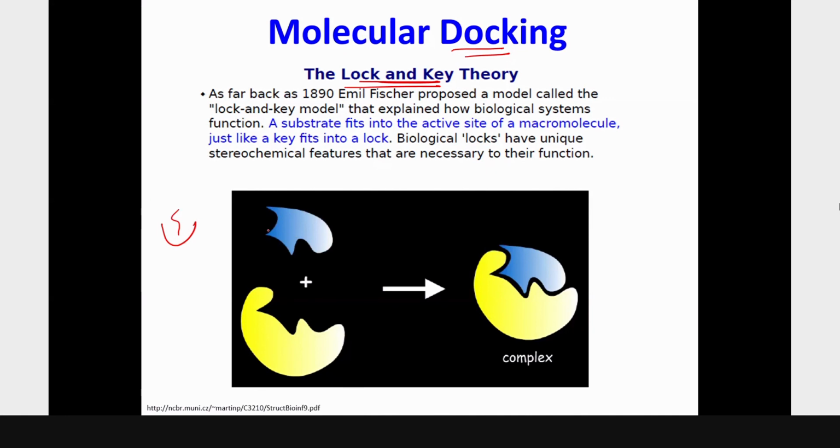So the ligand molecule is some kind of key which can bind to it, and it can only create the therapeutic effect, the desired effect. If the two things are not able to fit properly, then in most cases the desired effect won't come into the picture. This is the very basic theory that you can consider for docking.